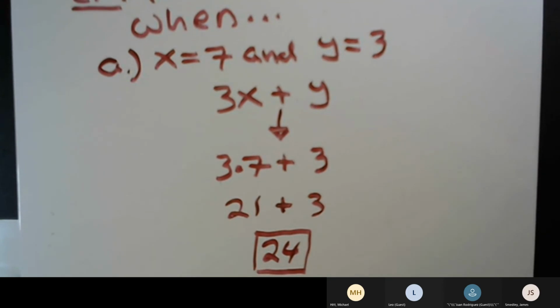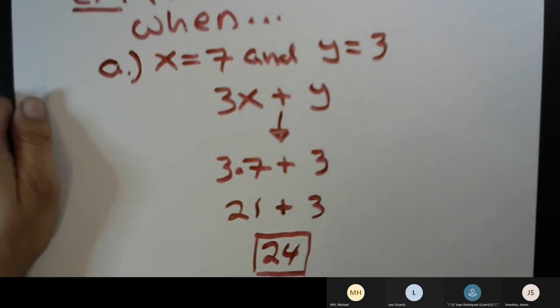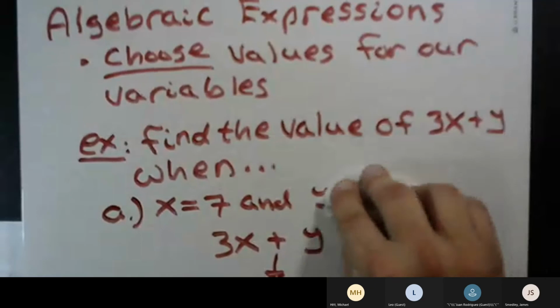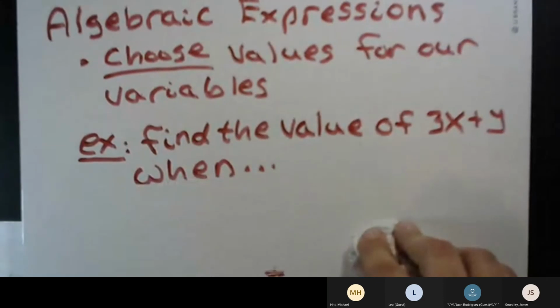So questions about that? We'll do another one. But here we get to choose the value for x and y. We don't guess it. Again, if I'm going too fast, let me know.